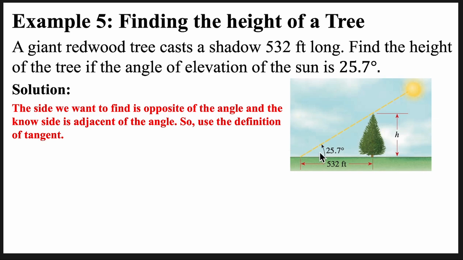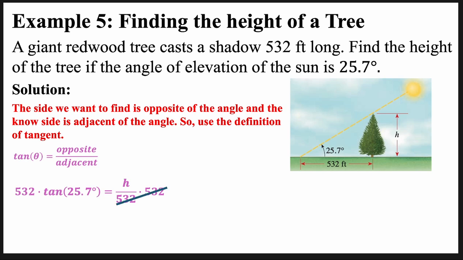So we say the tangent of theta is equal to the opposite over the adjacent. Well, we know what theta is, the angle. So tangent of 25.7 is equal to opposite, which is h, over the adjacent, 532. To solve for h, multiply both sides by 532. 532 cancels here.